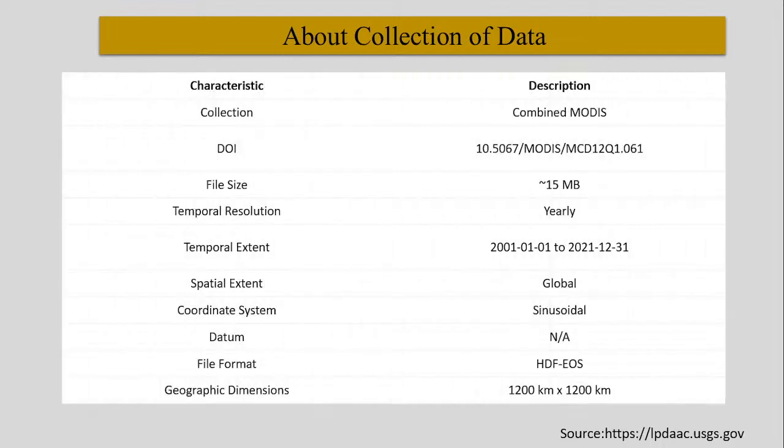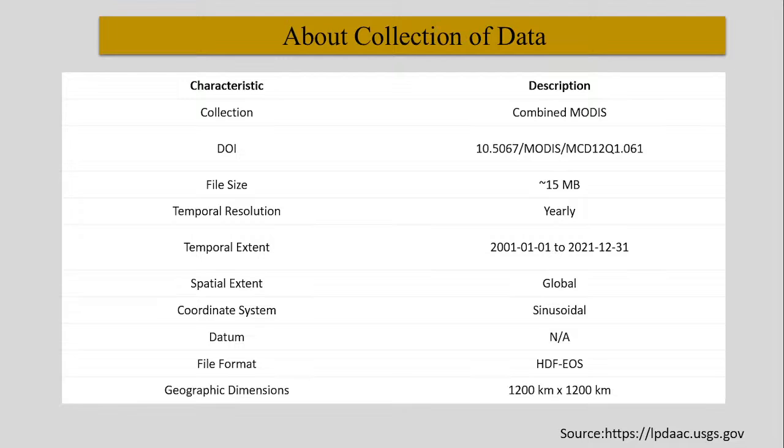So you know MODIS has different types of layers, different types of output. In this tutorial, we are using the MODIS combined data, that is MODIS Terra and Aqua, and the file size is 15 MB. And this is a very good thing: the temporal extent is from 2001 to 2021.